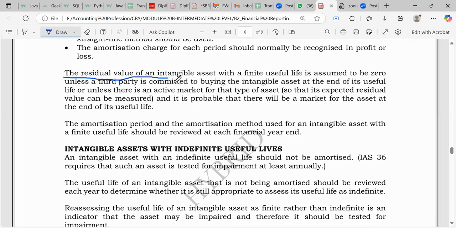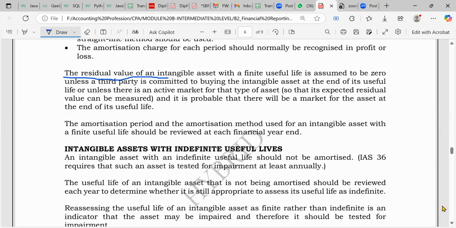Unless a third party is committed to buying the intangible asset. Of course, if someone is committed, it means that we always know the residual value, because at the end of its life, someone will come and buy it at a certain figure. So that will be the residual value. So that's just the normal thing.